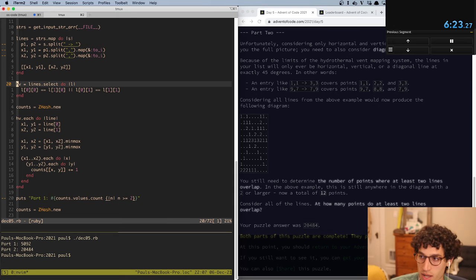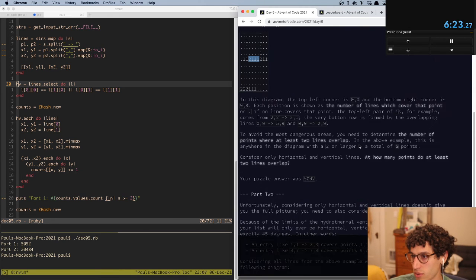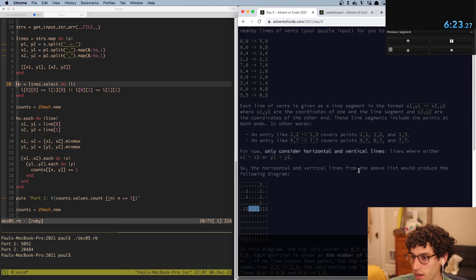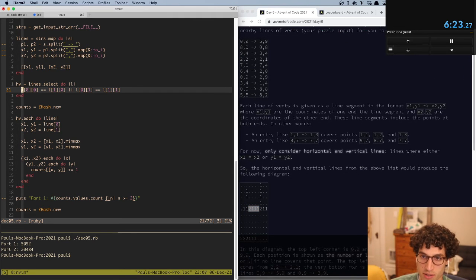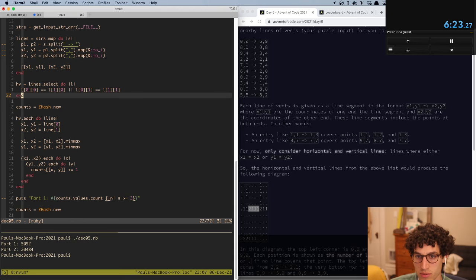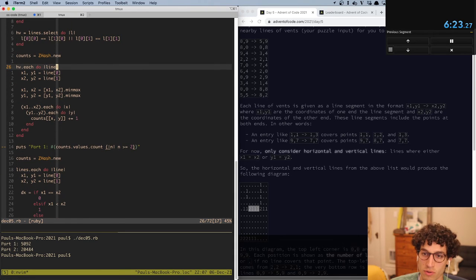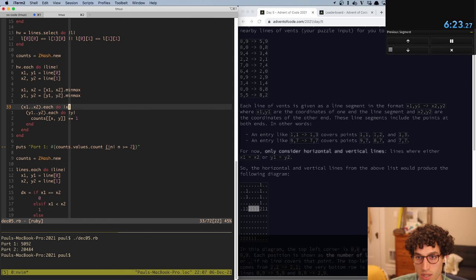So our horizontal lines, helpfully we were told that those are the ones where x1 equals x2 or y1 equals y2. So we just check that. Then we create a count. And so we loop over all of our lines.